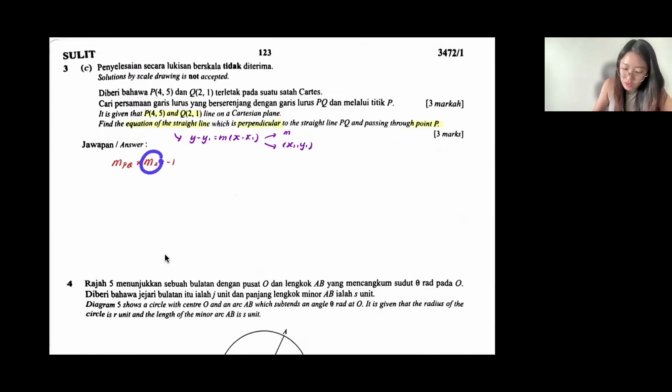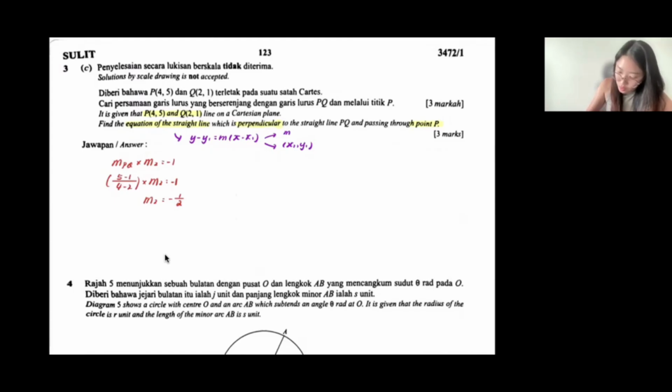What we need is M2 because it says it is perpendicular to PQ. PQ is given to you, so we can just use the gradient formula. (5 minus 1) over (4 minus 2), times M2 equals -1. So bring it over. You should be able to find 4 divided by 2 here, and then you bring it over and divide. So M2 is -1/2.